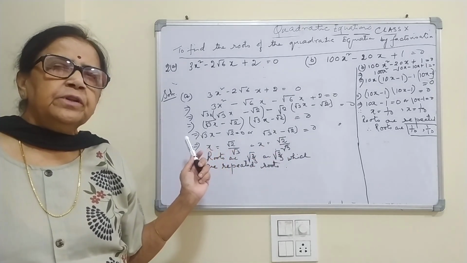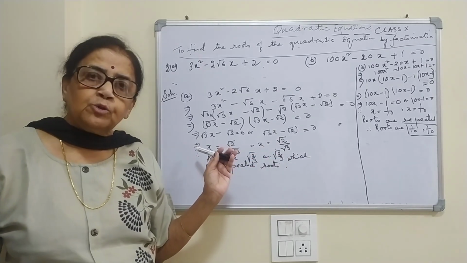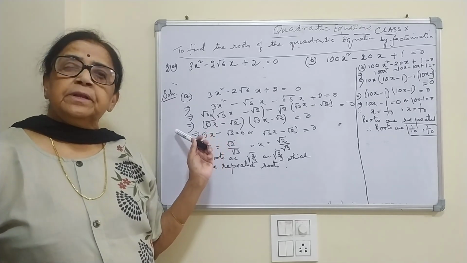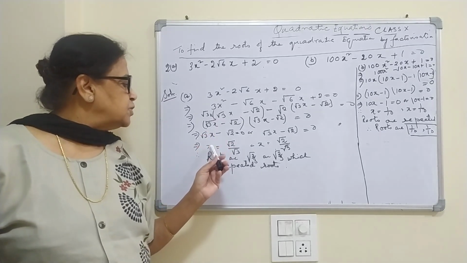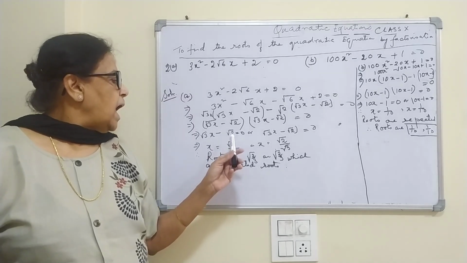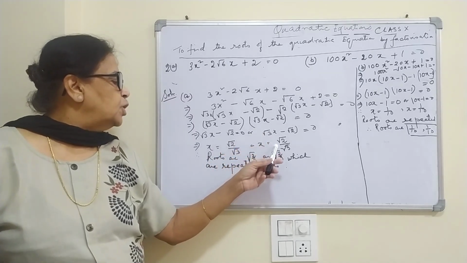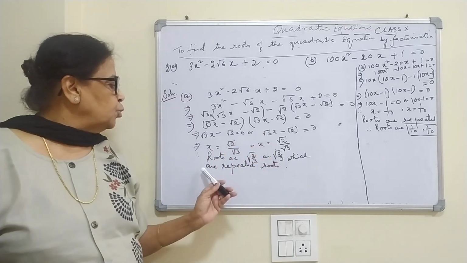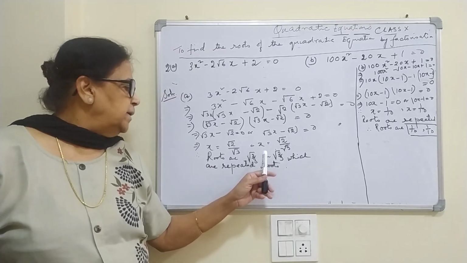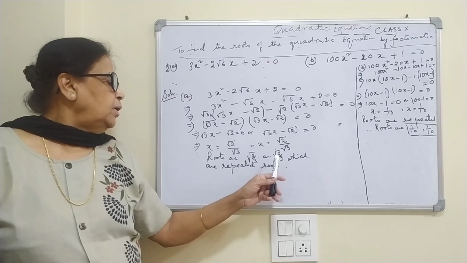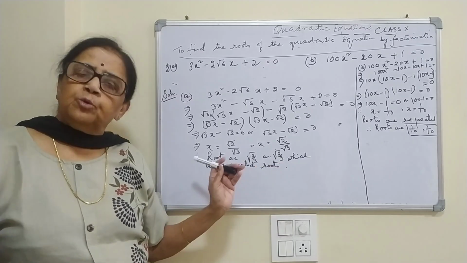Do you know what is the nature? Without solving, it is a repeated root. So x is equal to root 2 by root 3, and again x is equal to root 2 by root 3. The roots are root 2 by root 3 and root 2 by root 3, which are repeated roots.